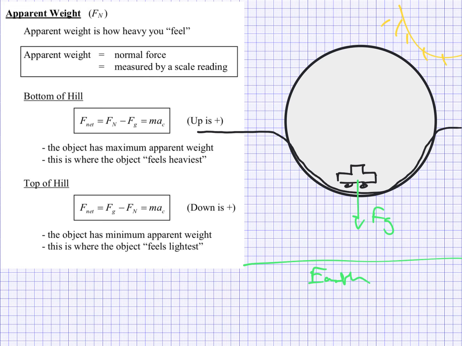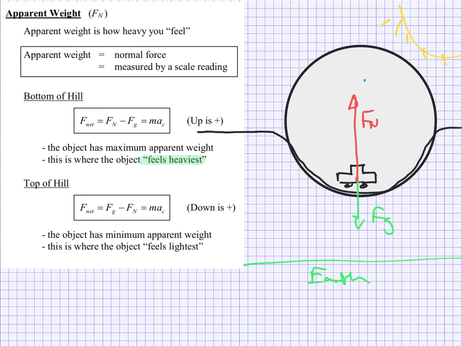Now, hopefully you can intuit that at the bottom of the hill, your apparent weight will feel heavy. This is the point in the motion where you are going to feel the heaviest. And so this Fn value is going to be bigger than the Fg. That's going to give you that experience of feeling heavier.